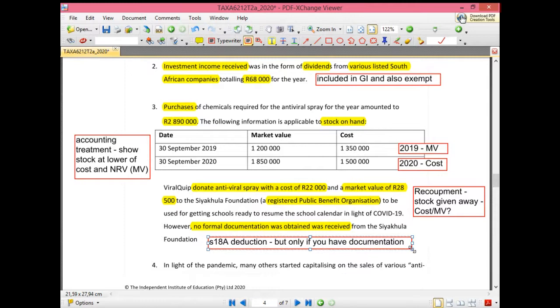So that means SARS will not allow this deduction, even though you've made a donation to the PBO. In a test, however, they could give you a similar scenario like this and tell you they've received the Section 18A certificate, and then you would be able to claim the deduction right at the end as well. Okay, so this is just why I want to highlight this information, because they could potentially ask it in the opposite direction.